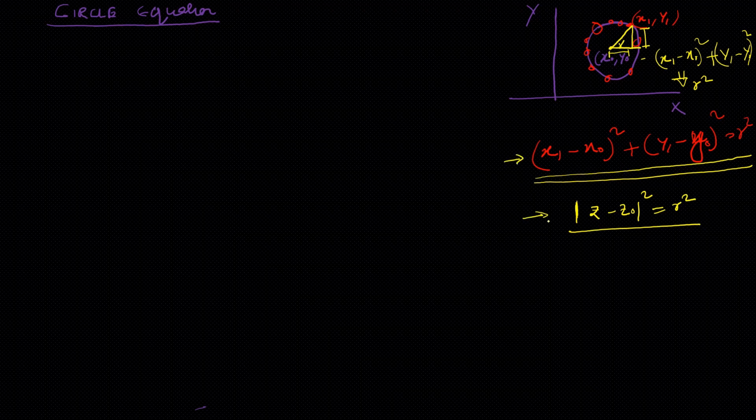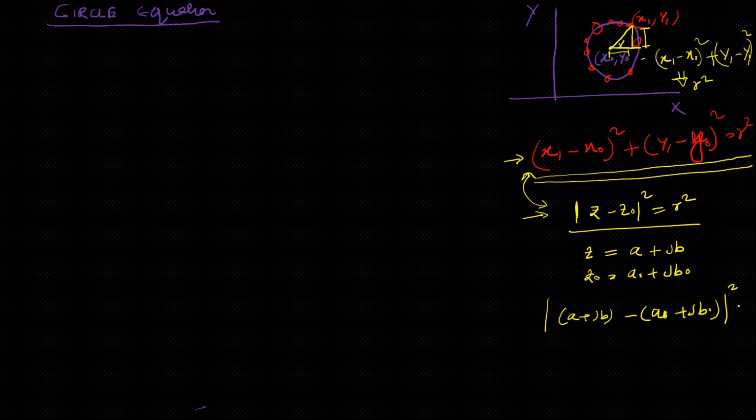From here to here looks a little unfamiliar, so let's try to move from here to here. z is my complex number, so I can write it as a plus jb, and z naught could be a naught plus jb naught. If I put them here, (a plus jb) minus (a naught plus jb naught) whole square, and if I expand it, I get this thing plus (b minus b naught) whole square, and it should be r square.